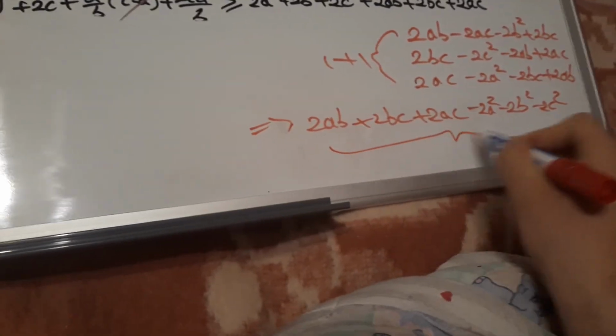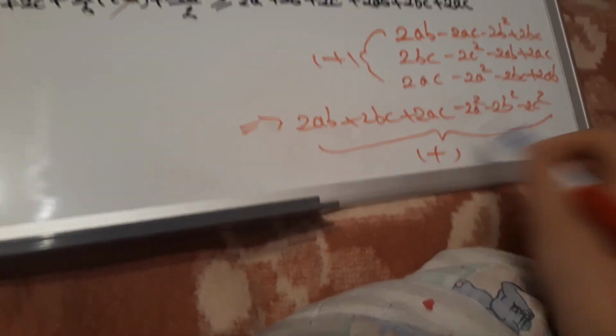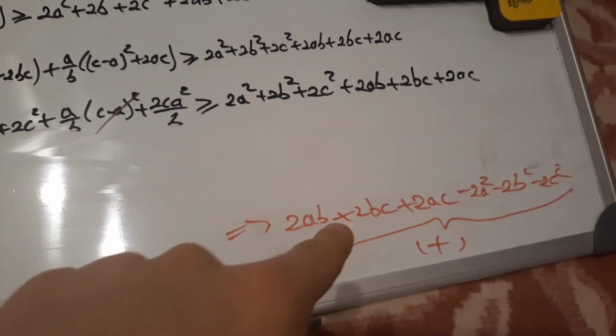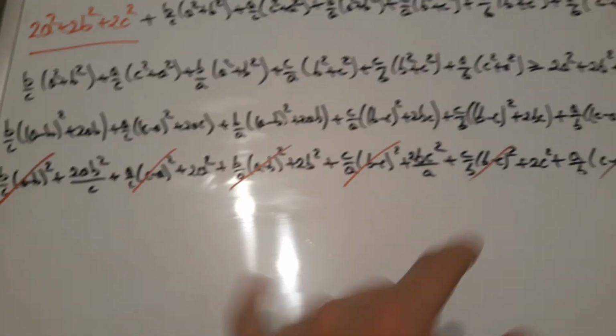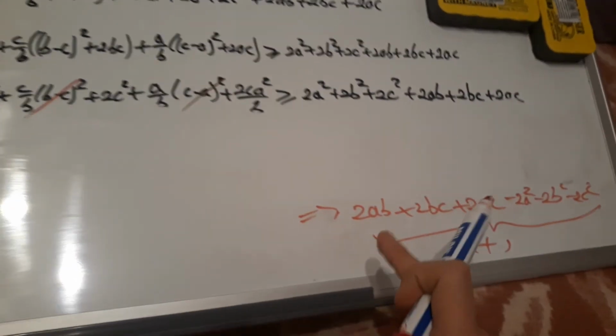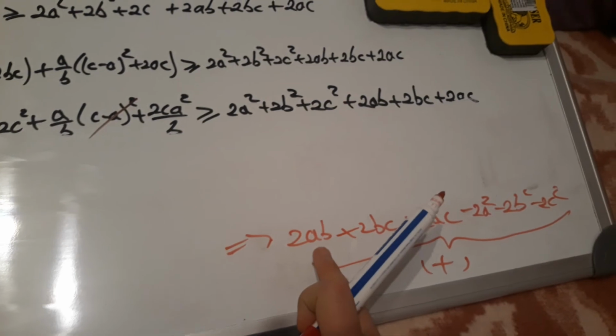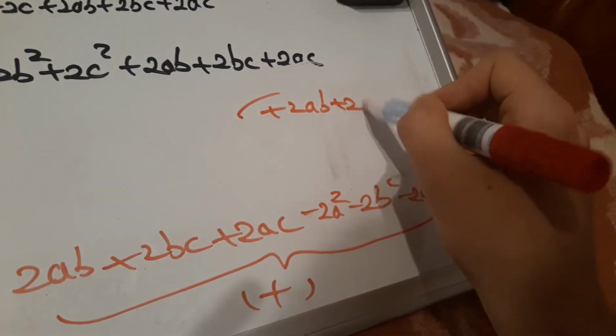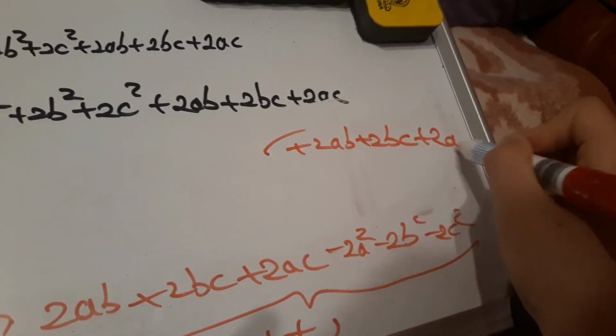So this needs to be added to this inequality. Obviously, we are adding this because we want to form some binomials on the left side. And now to obtain this sum, here we see 2ab plus 2bc plus 2ac. This will be on this left side. Because we don't have this one, we will add first 2ab plus 2bc plus 2ac.